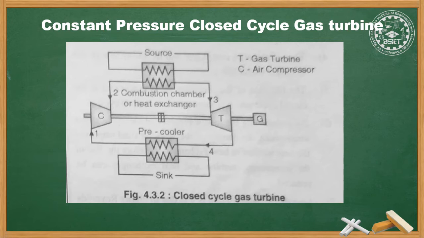The expansion of this air takes place and reduces pressure and temperature. Then the exhaust air is not released into the atmosphere but is passed through the pre-cooler, which cools the air, and it again enters the compressor.